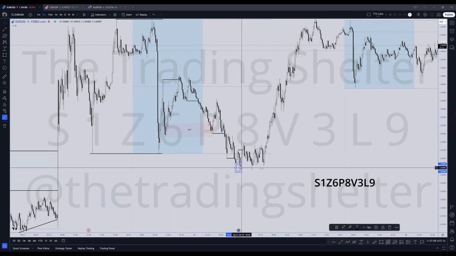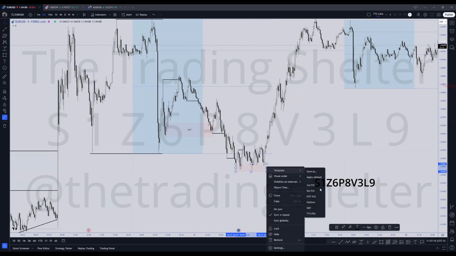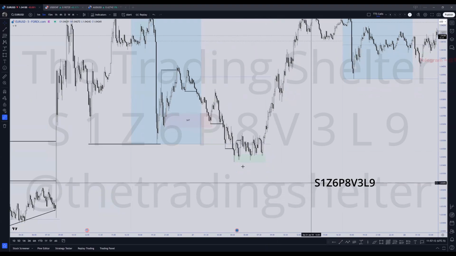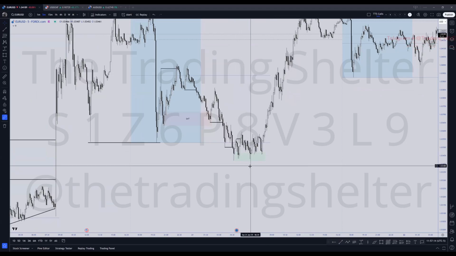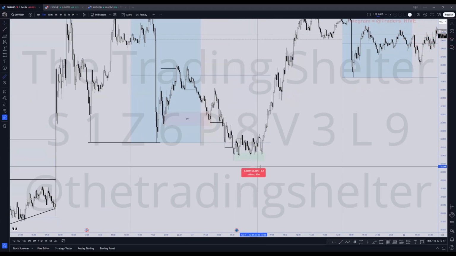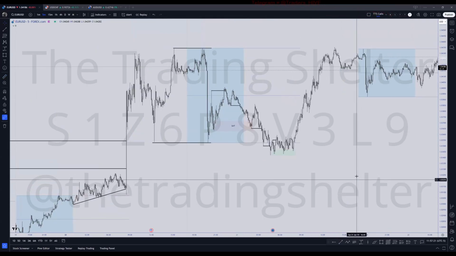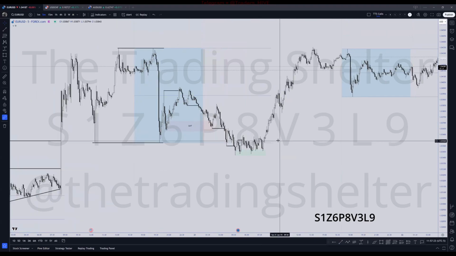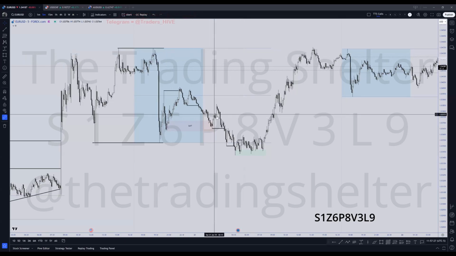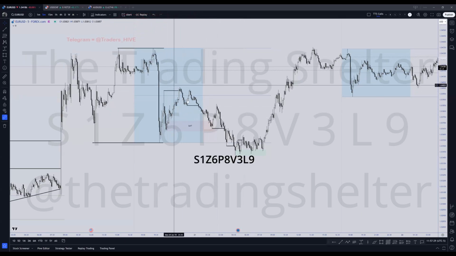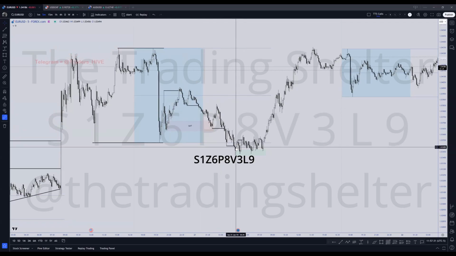On EU yesterday, at least for me, I wasn't a fan of how it hung out in this area for a long time, because once it comes back into the mitigation, it's just hanging out for an hour and a half. But still, the point I'm trying to get at is when Asia low is induced, the entire day, aside from here, has been composed of sell side liquidity, right?